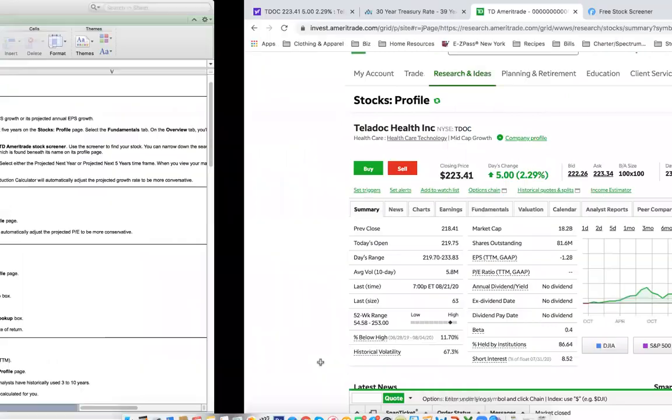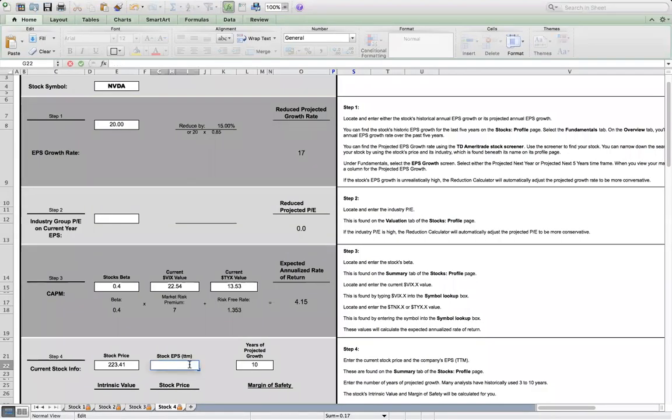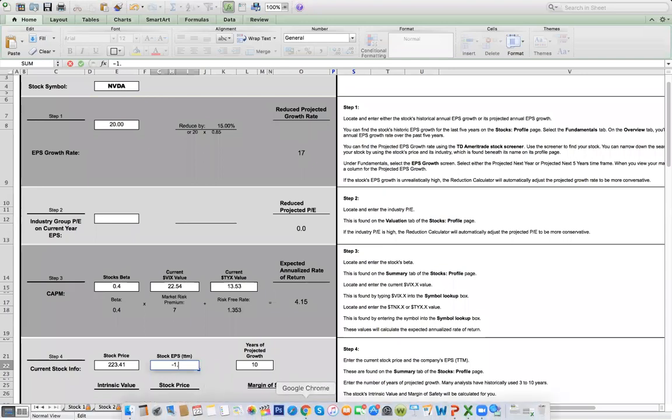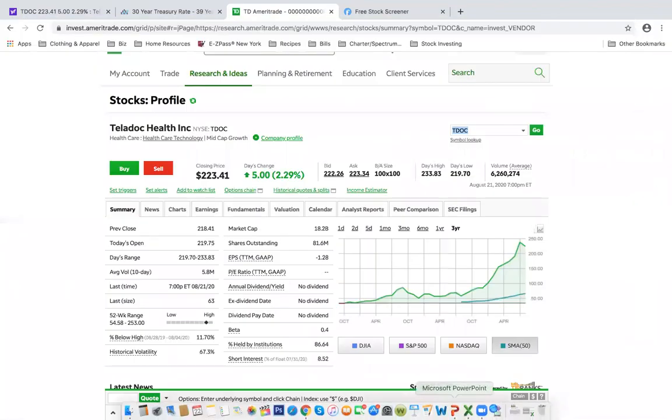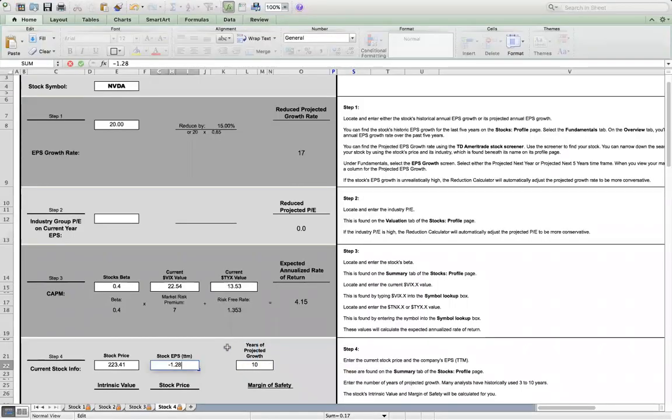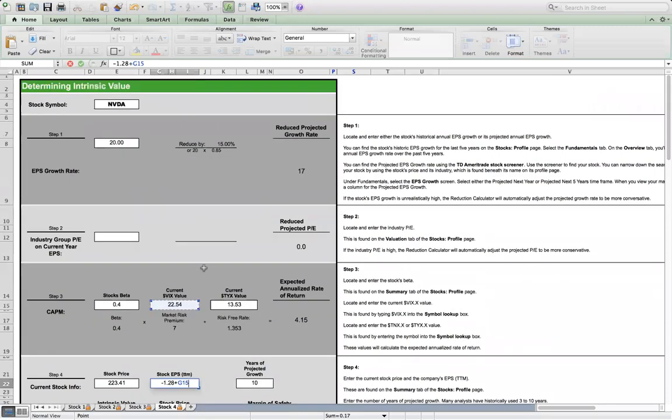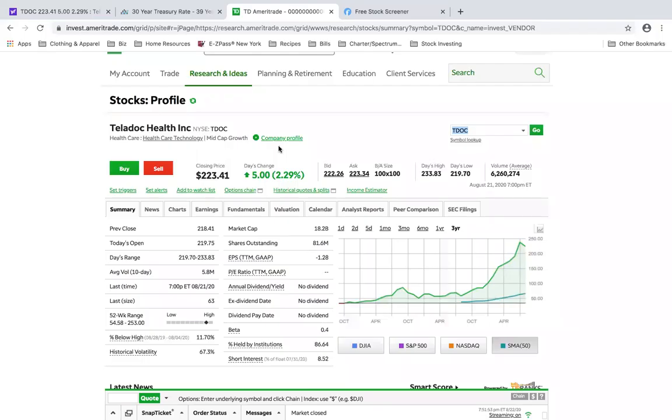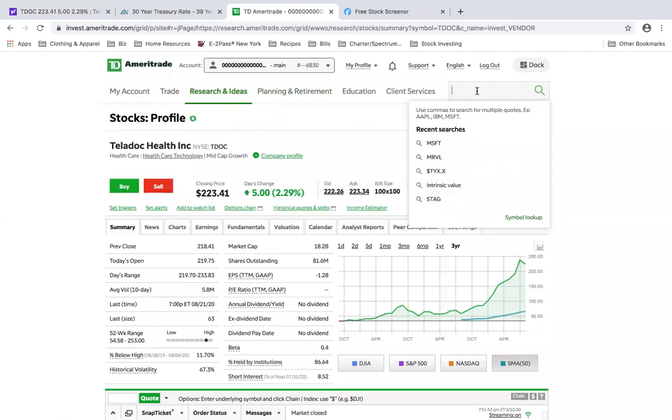Those negatives will mess everything up. And what was it? Negative 0.28. Yeah, when you put the negatives in there, it's going to mess it up. It's not going to calculate it. So what was the other one? The Zoom one? Yeah, so it's negative. So you said it won't calculate a negative. Nah.